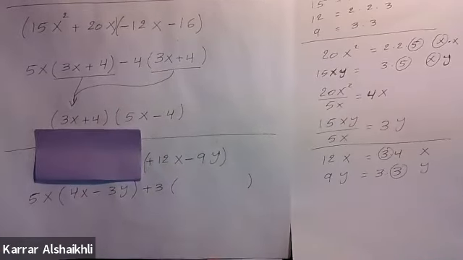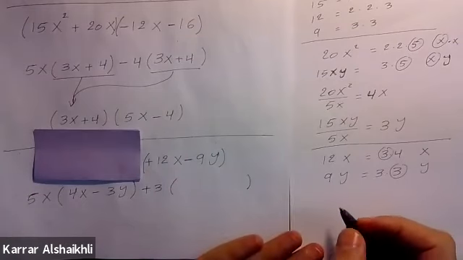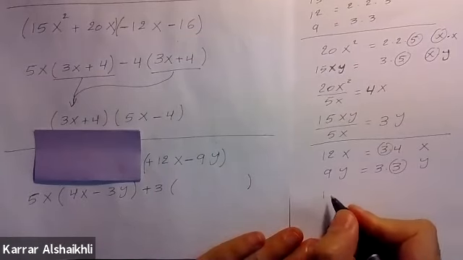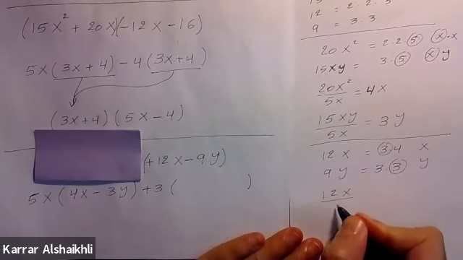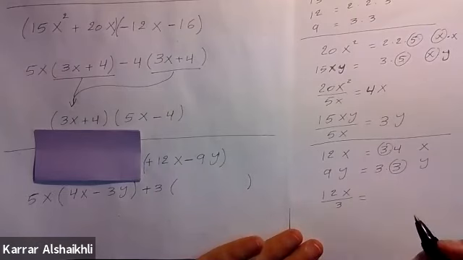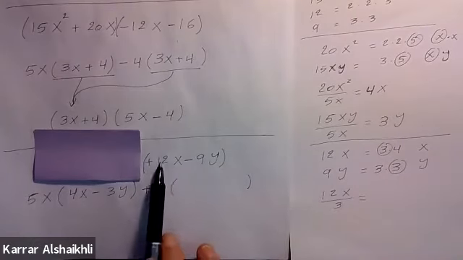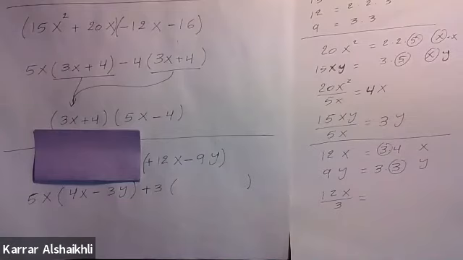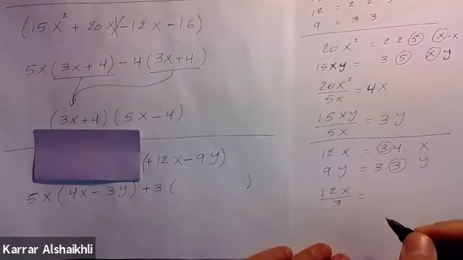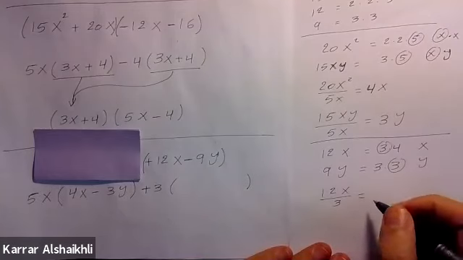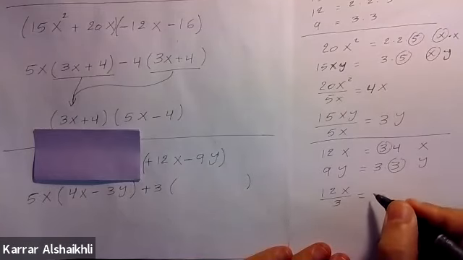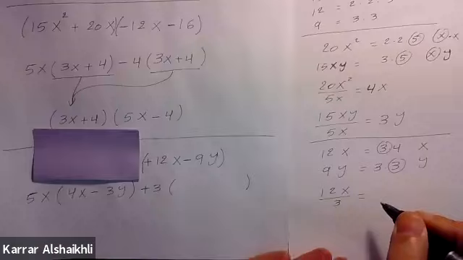Now we're going to go to the next step. We're going to divide 12x divided by 3. How much is the result? 12 divided by 3 is 4.